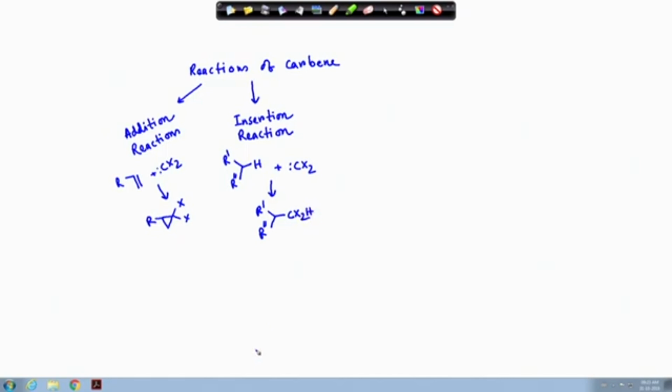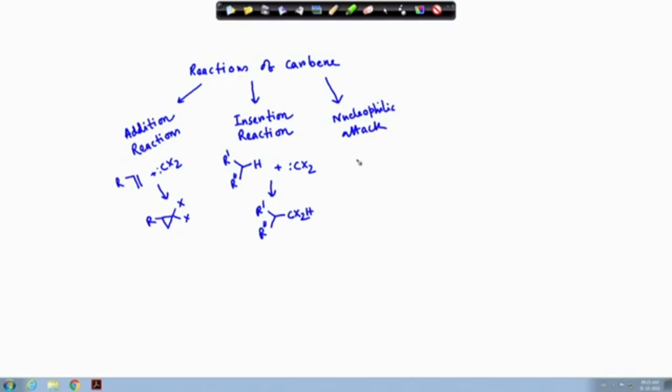Another type of reaction we also learned in the last class is the nucleophilic attack of various nucleophiles towards the carbene.